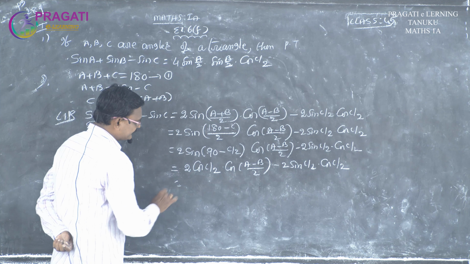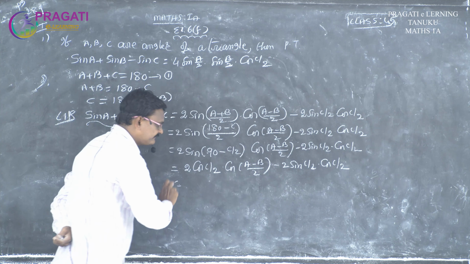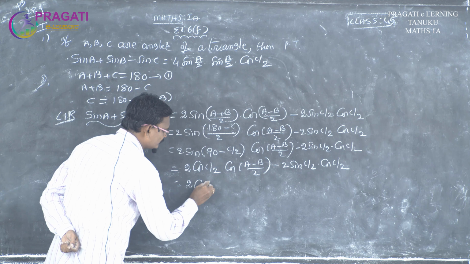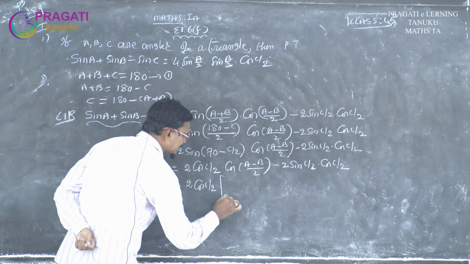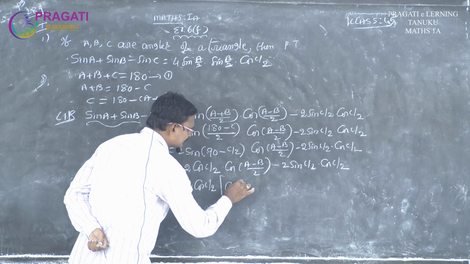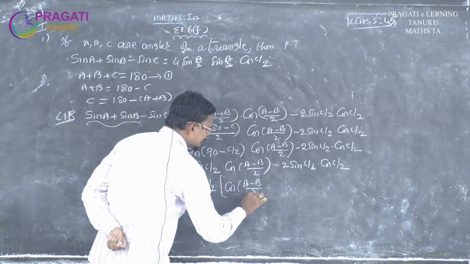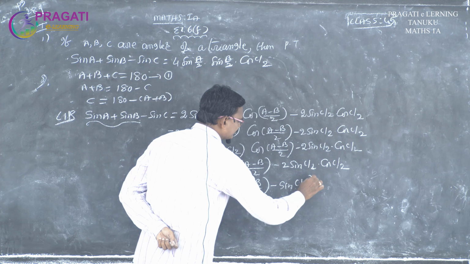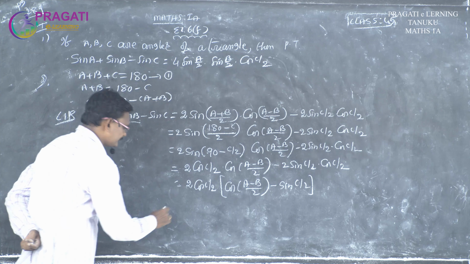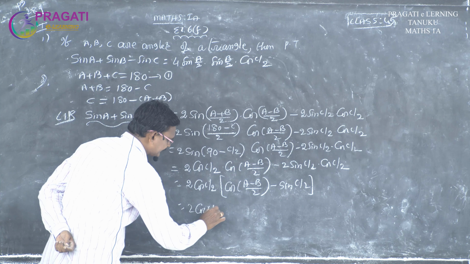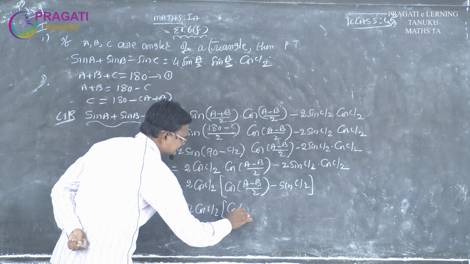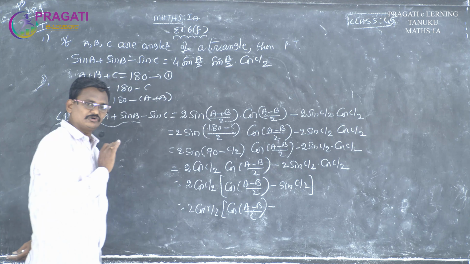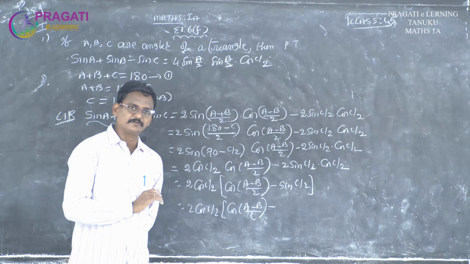Which is the common factor? 2, and the function is cos C/2. So 2 cos C/2 is common. The remaining terms are cos((A−B)/2) minus sin C/2. In the process there is no change. I told you in the previous problem like that only.